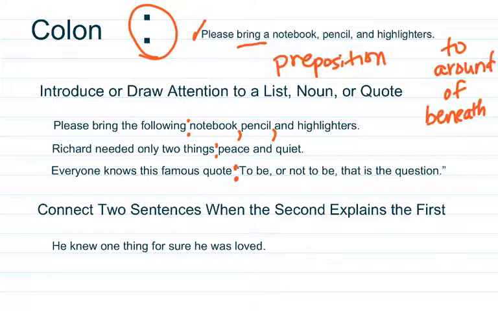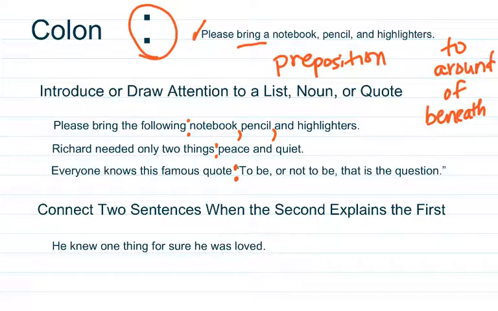Now, another way that we use colons is to connect two sentences when the second sentence explains the first. Now, the second sentence may not always explain the first when you see a colon, but for the most part, that's a good rule of thumb. So here's an example. He knew one thing for sure: he was loved.